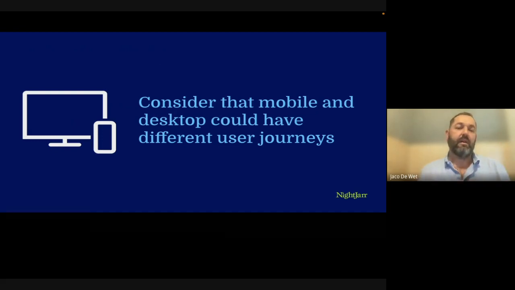On mobile, there's a typical pattern in the way people access your information, maybe on the fly. They have 5 minutes to spare. How many times have we looked at our phone in a queue or something, or you just remembered, oh, I need to do something, and you quickly go and check out that website. It's very circumstantial. So try and also segment that part of it in terms of your audiences.